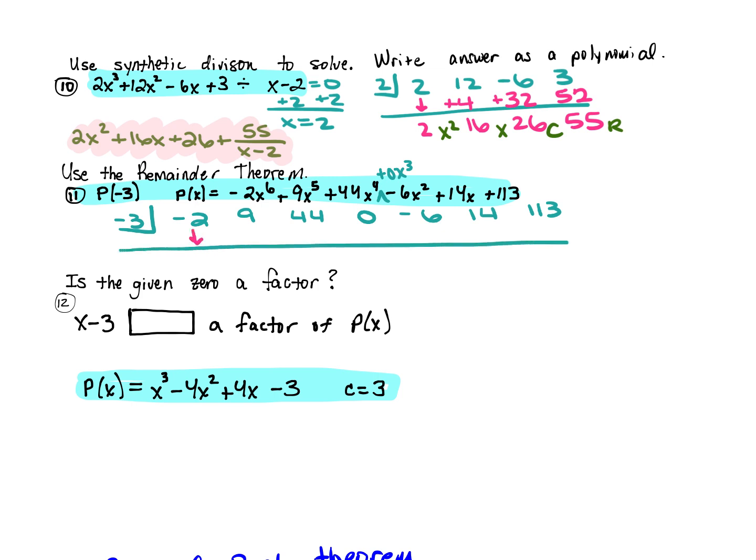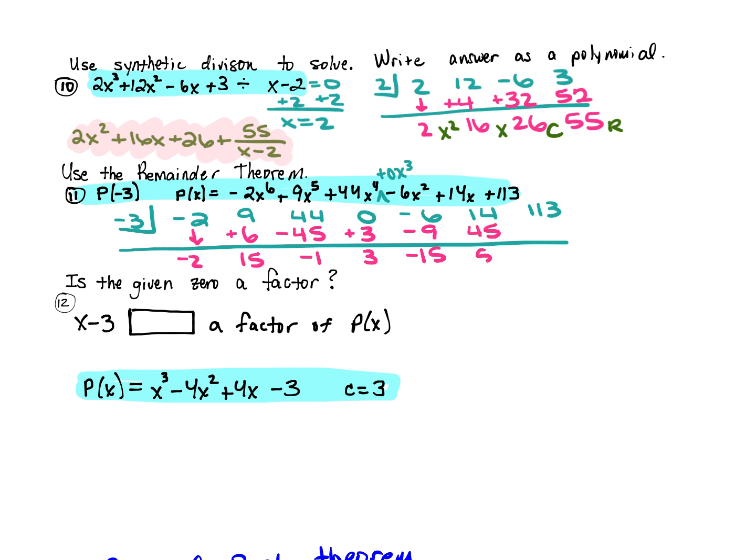The -2 drops down. -2 times -3 is 6, plus 9 is 15. 15 times -3 is -45. Add that with the 44, that's -1. -1 times -3 is 3. Add it with the 0, that's 3. 3 times -3 is -9. Add it with the -6, that's -15. -15 times -3 is positive 45.